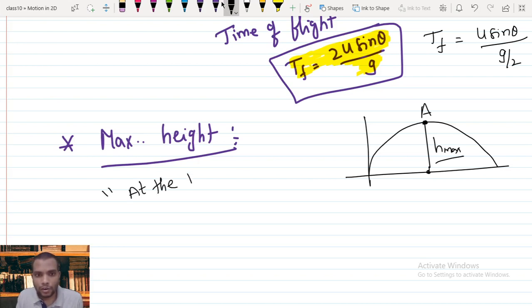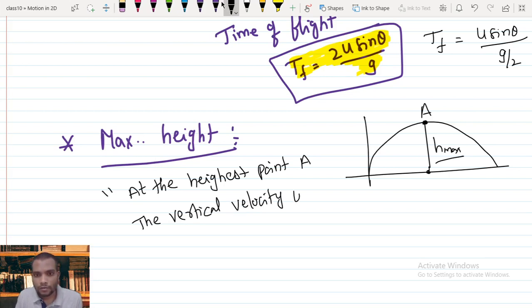At the highest point A, the vertical velocity, v sine theta, equals 0.